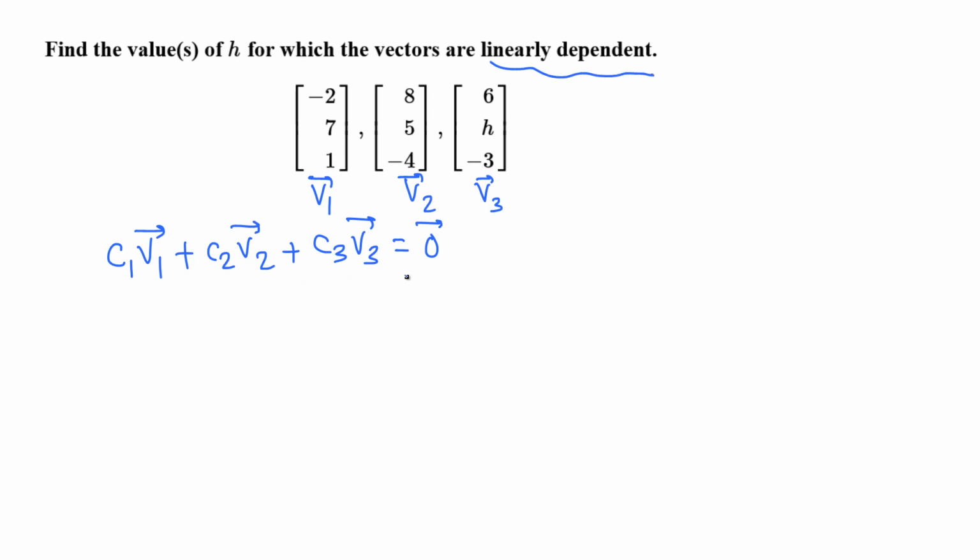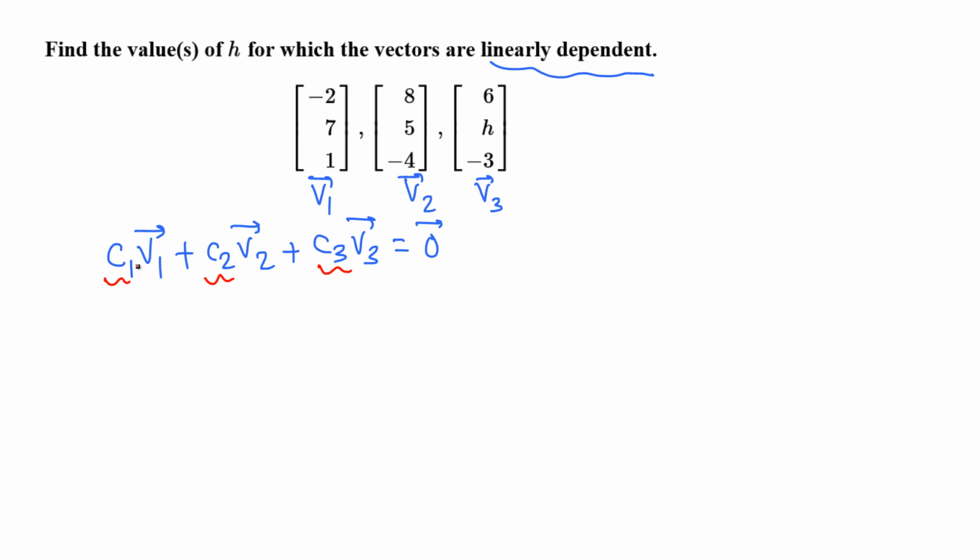That means the solution of this system should be non-trivial. So when we solve this system for c1, c2, c3, at least one of them should be non-zero.